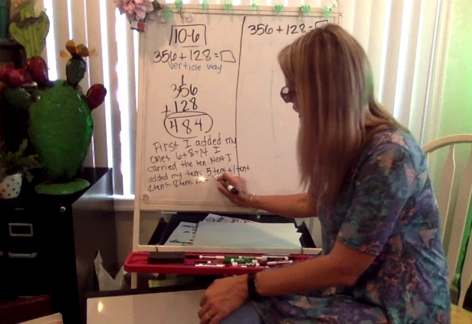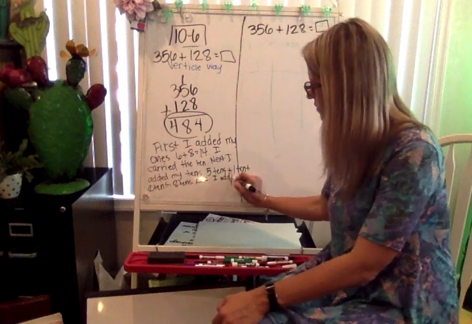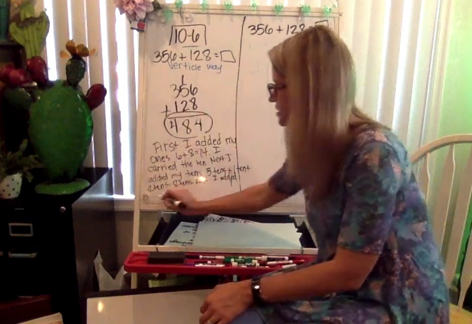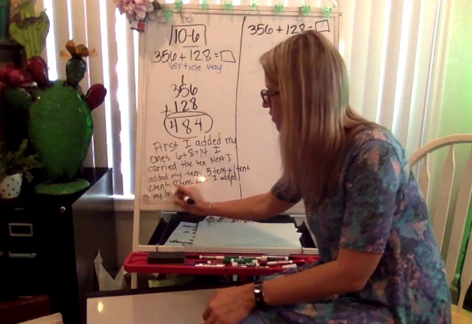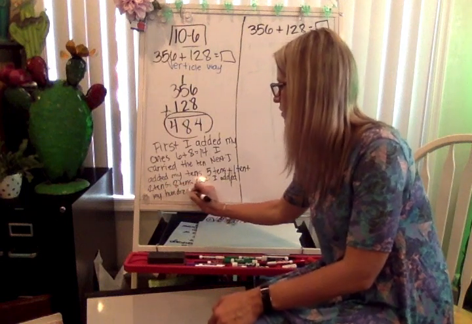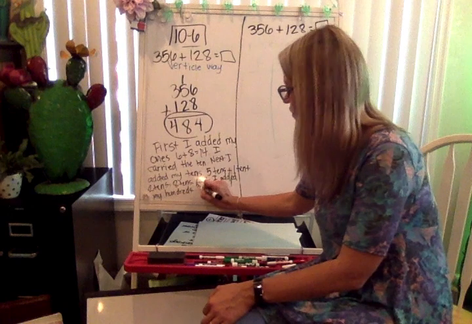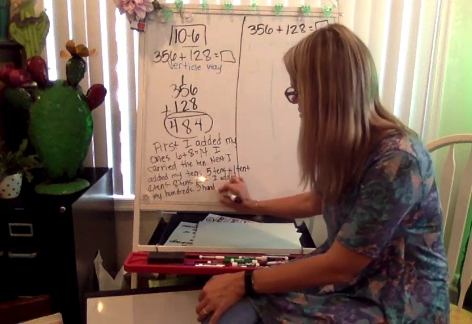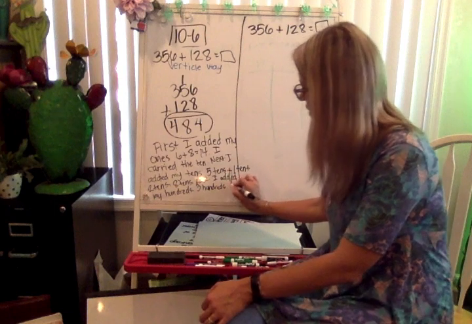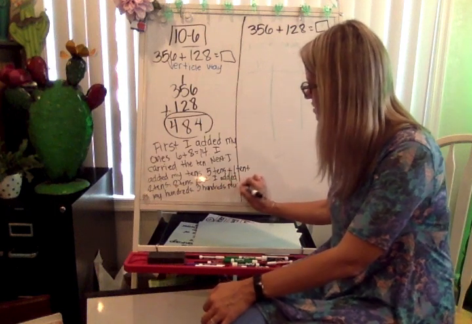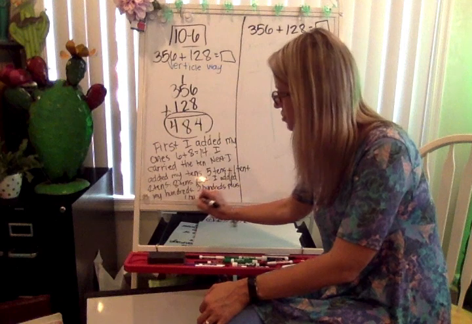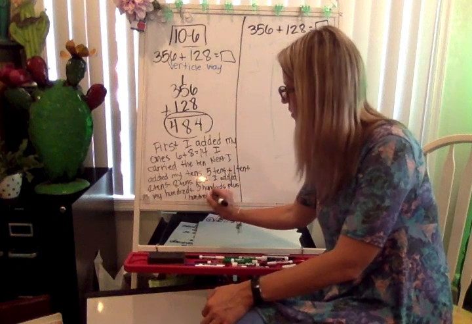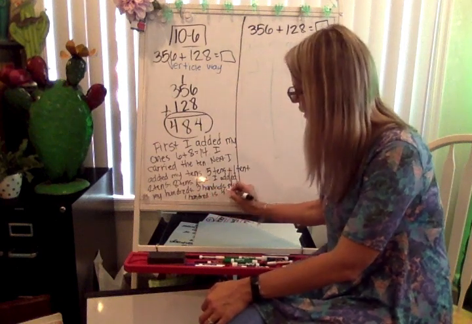Last, I added my hundreds. Three hundreds, it does have that S at the end, plus 100 is 400s.